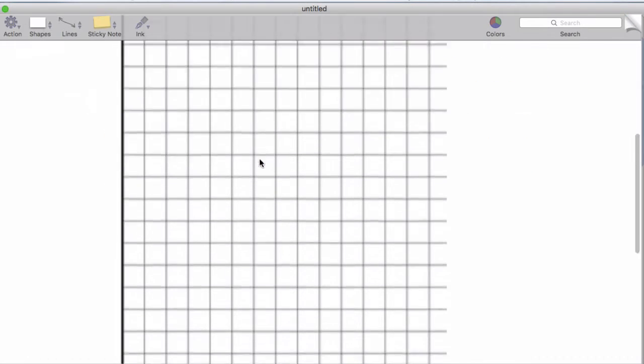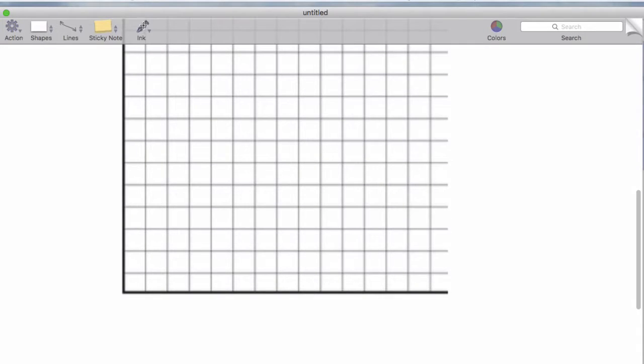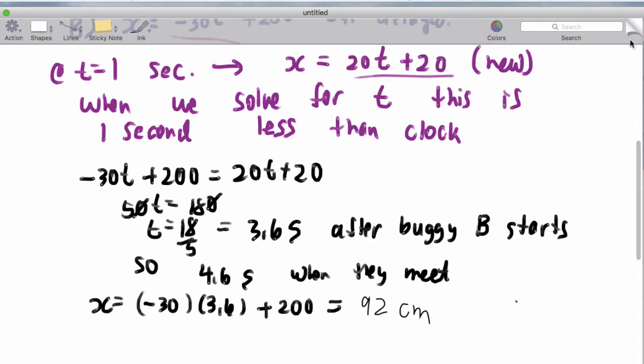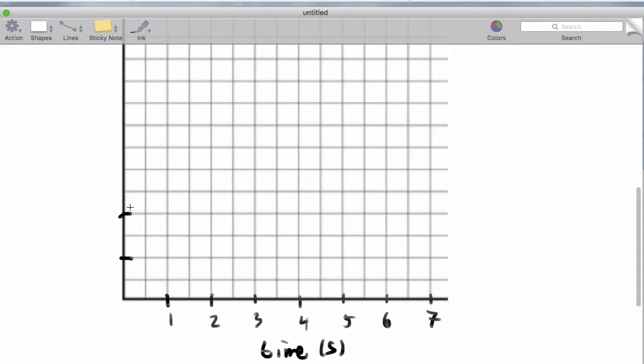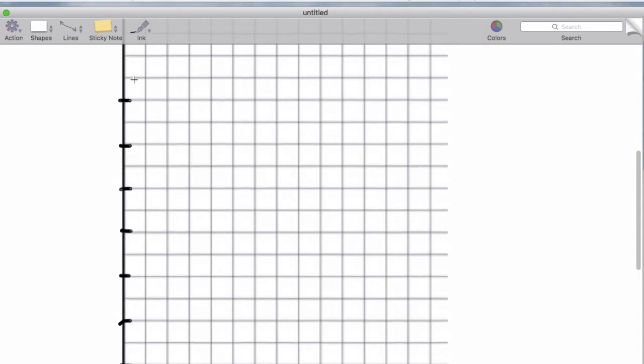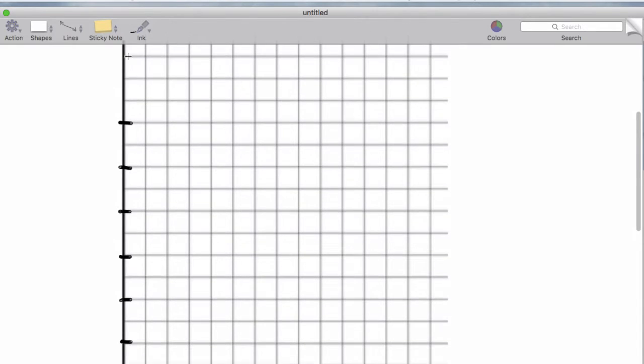If we want to graph this, this should be interesting. Let's see, 1, 2, 3, 4, 5, 6, 7. That's going to be the time in seconds. And then the position, it's going to be messy. So 20, 40, 60, 80, 100, 120, 140, 160, 180, 200.